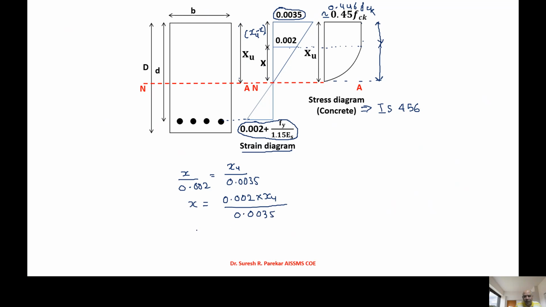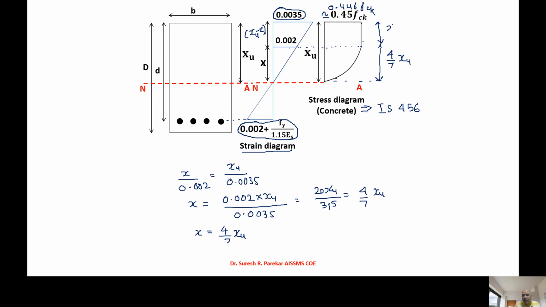Now if we solve this, we get 2 xu divided by 3.5, and from this we get 4 by 7 xu. So x equals 4 by 7 xu, which is the parabola part.